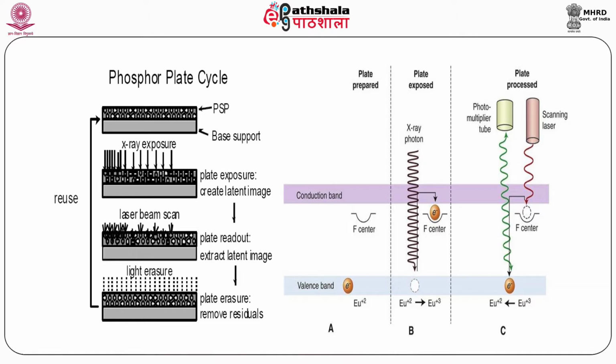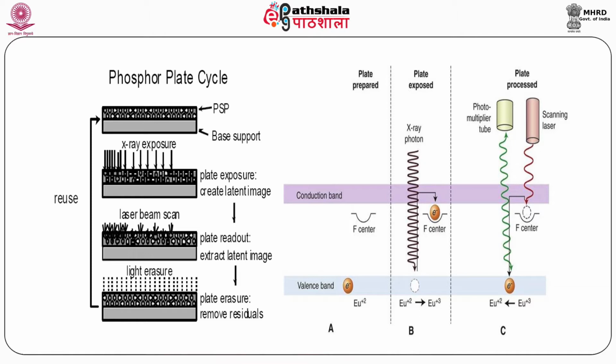When X-ray falls on the imaging plate, during exposure photoelectric interaction takes place and the absorbed energy excites the electrons associated with europium. So, divalent europium is converted to trivalent europium, and the electron is excited to the high energy state, to the conduction band.